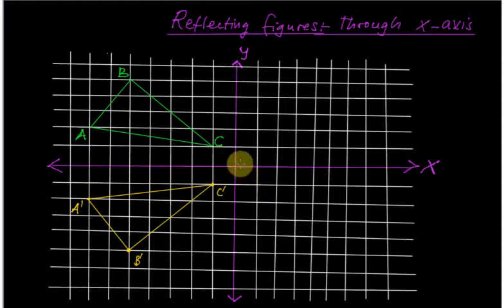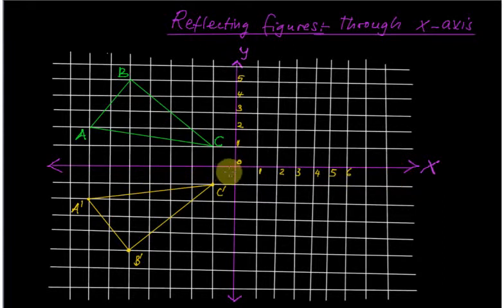All right. Now let us calibrate this. If this is our 0, this is going to be 1, positive 2, 3, 4, 5, and going up, 1, 2, positive 3, 4, 5, 6.